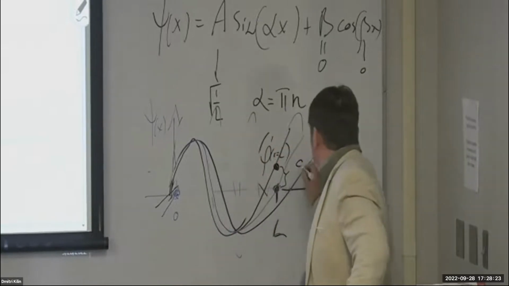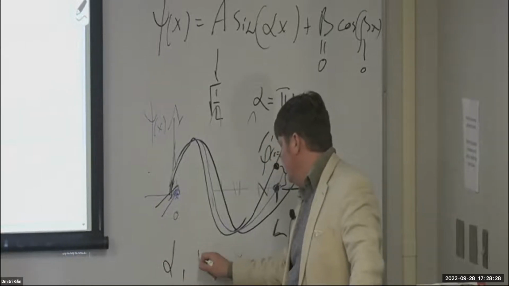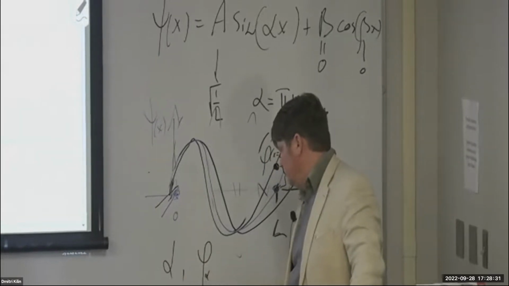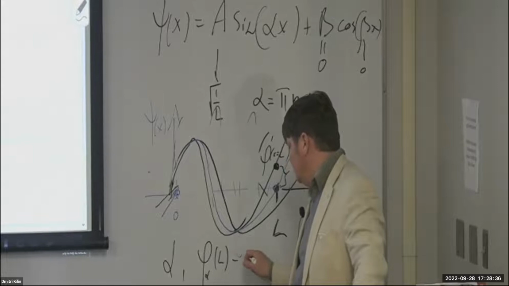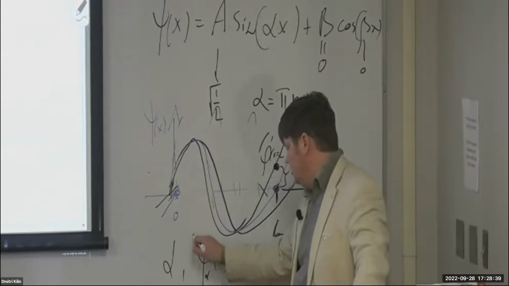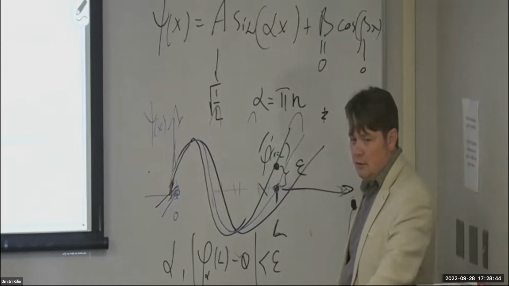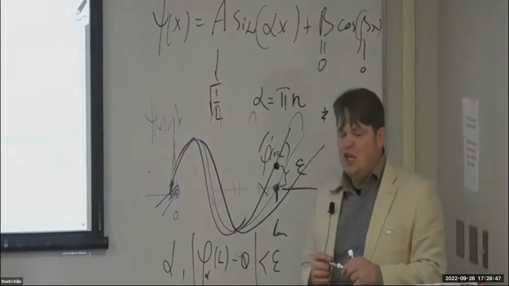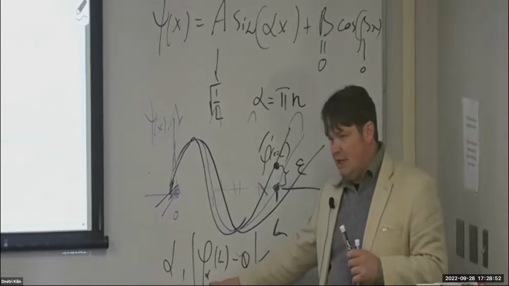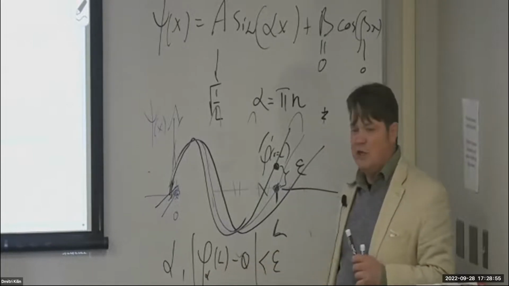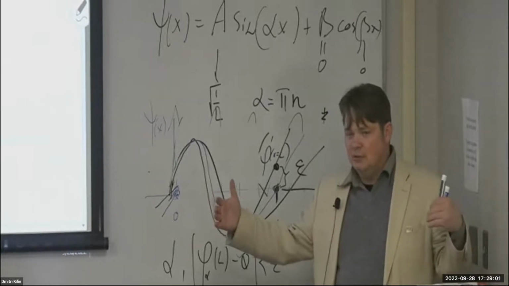So we need to find such alpha for which phi sub alpha of L minus 0, which is our boundary condition, will be smaller by absolute value than epsilon. Okay, so we can generate all possible functions phi sub alpha, and then parse out of them only those that will match this condition. And then instead of uncountable infinity, we will get a countable infinity.